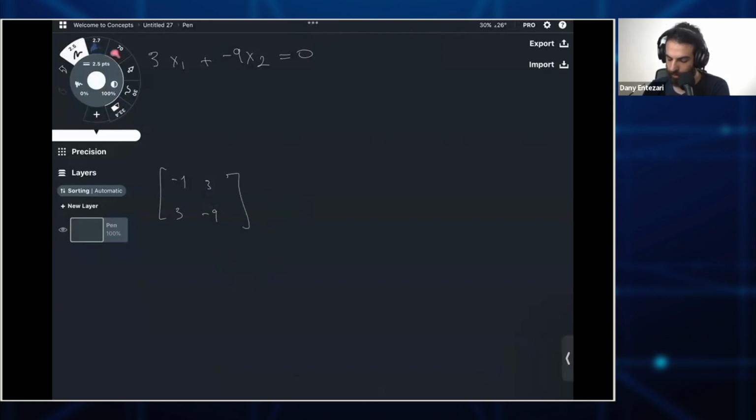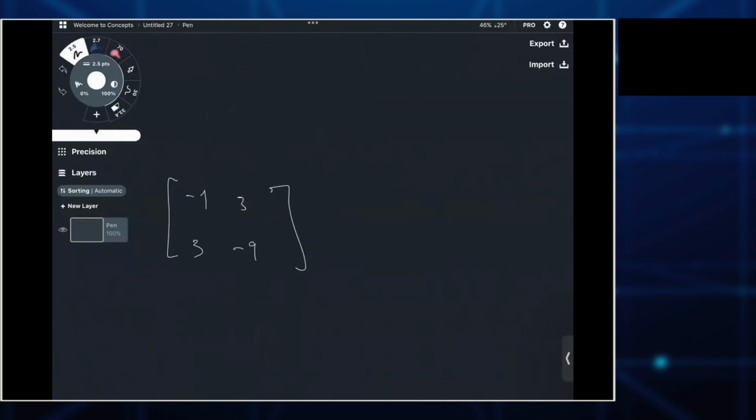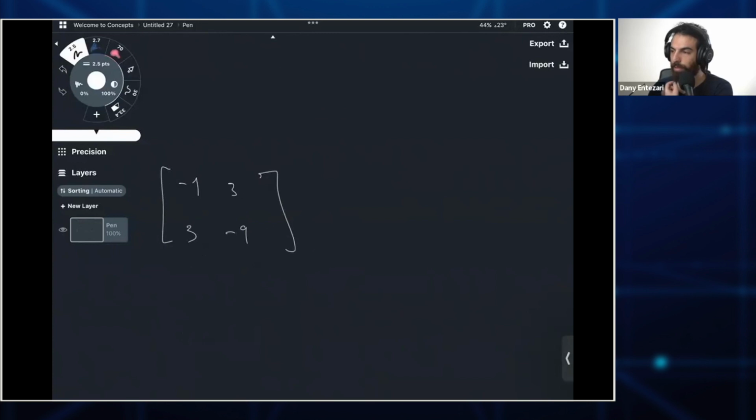And so in order for us to eliminate this row, because once we eliminate the first row, then we can solve for at least just one equation. So to do this, we are going to take 3 times R1 and add that to row 2.